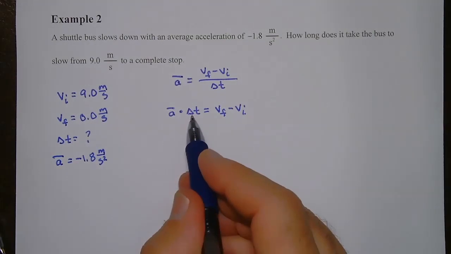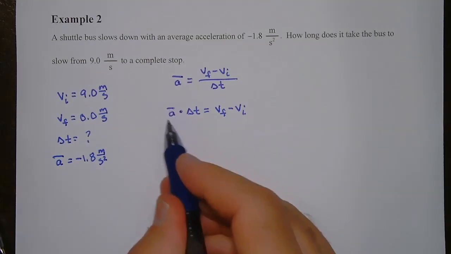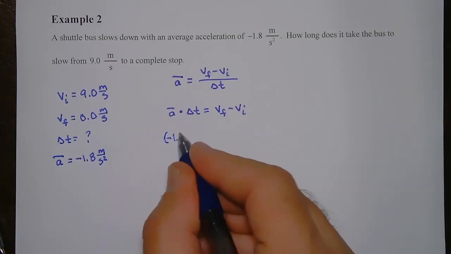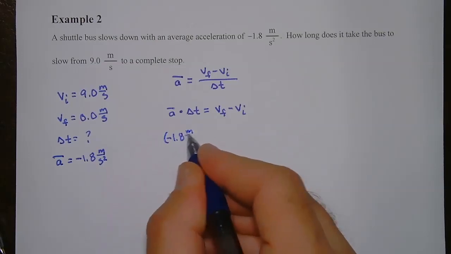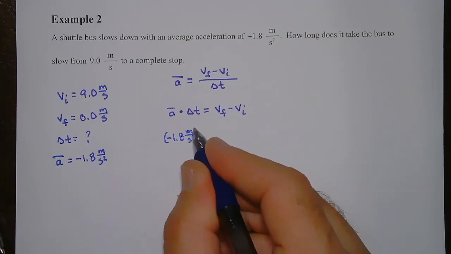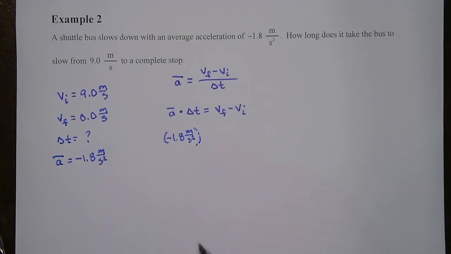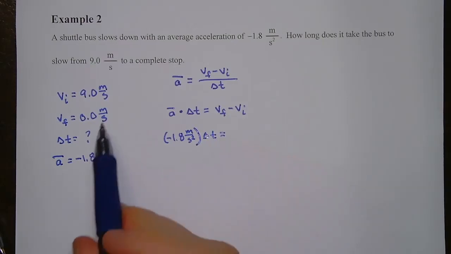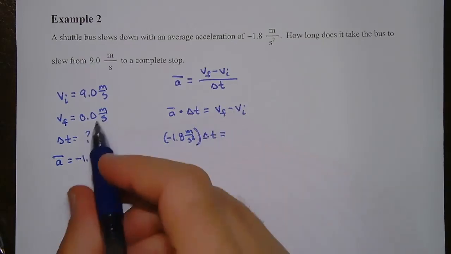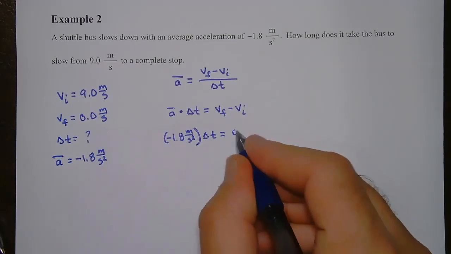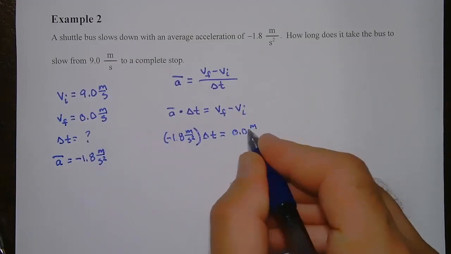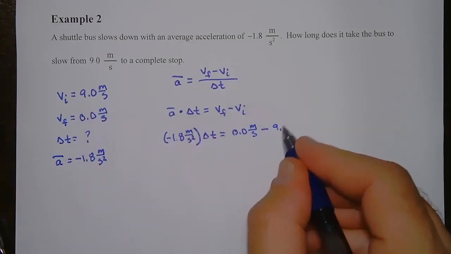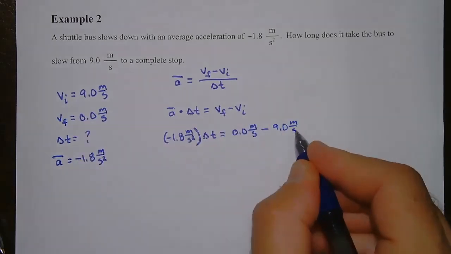The average acceleration I know is negative 1.8 meters per second squared, times my delta t is equal to my final velocity, which is 0.0 meters per second, minus my initial velocity, which is 9.0 meters per second.